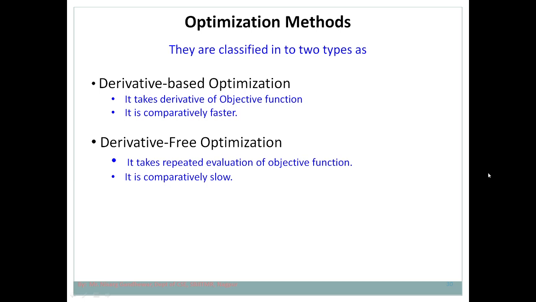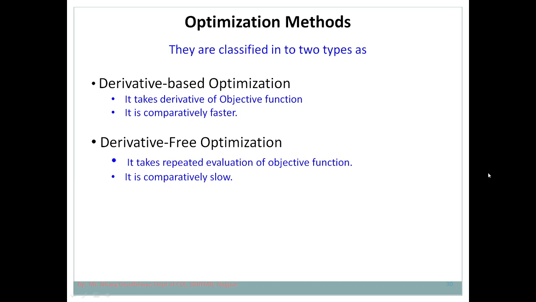And exactly opposite to derivative based optimization, there is derivative free optimization, where we are not taking the derivative of the objective function, but we are taking repetitive evaluation of the objective function. That means initially we have an objective function which will decide whether we want to maximize or minimize, whatever it may be, resources or time. In derivative free optimization, we are taking repetitive evaluation, means we are following this process in a loop.